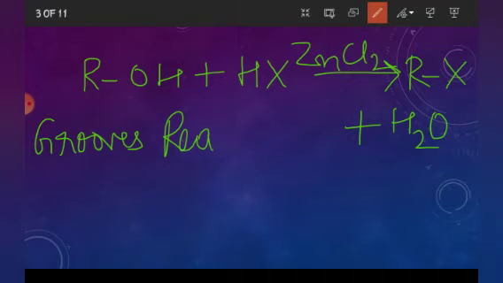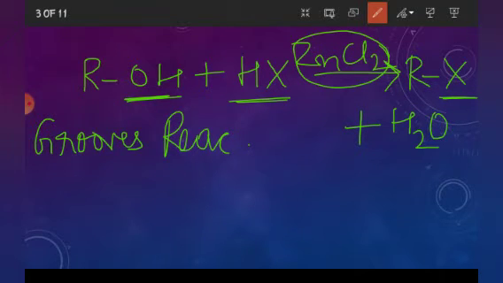Now if you see what is happening, OH of the alcohol is replaced by halogen by the treatment of halogen acid in the presence of anhydrous zinc chloride ZnCl2.